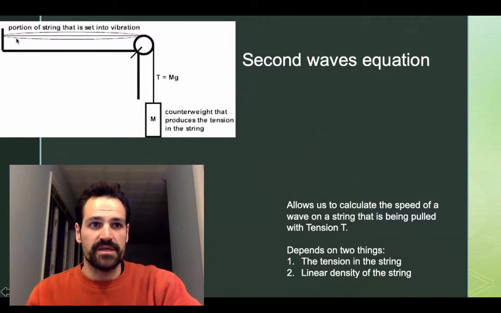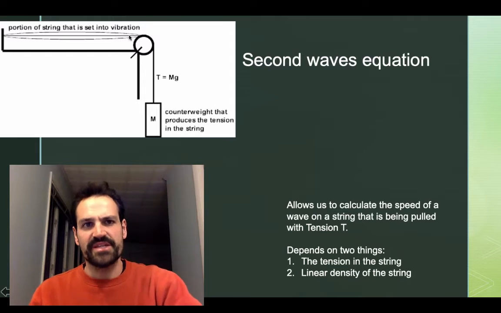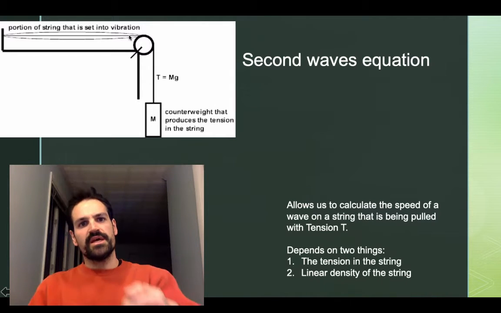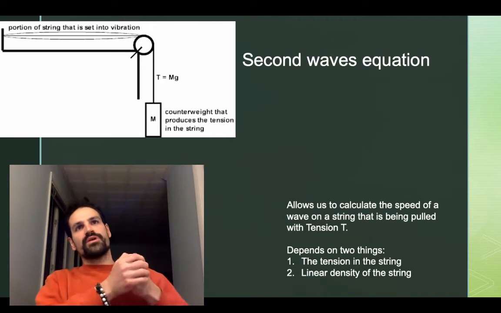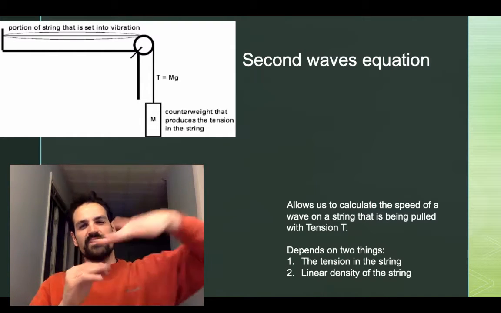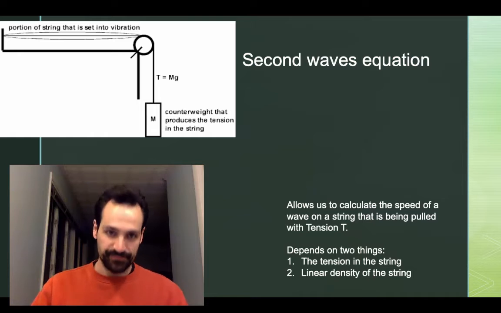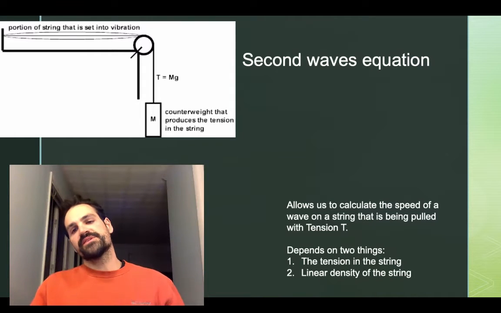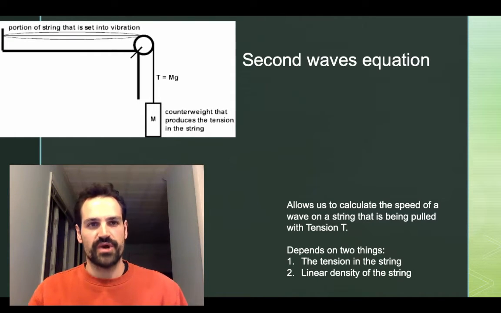because the speed that a wave will travel through this string depends on how tightly it's pulled, which makes sense because you can change the speed. If you pull a string really, really tight, a wave is going to shoot right down it. But if it's slack, the wave is going to take its time getting down there. The other thing it depends on is the linear density of the string.